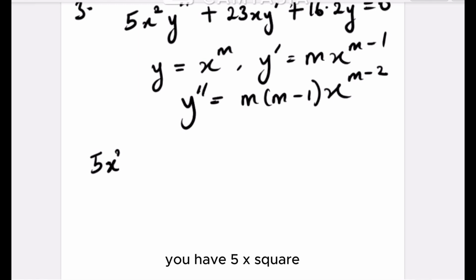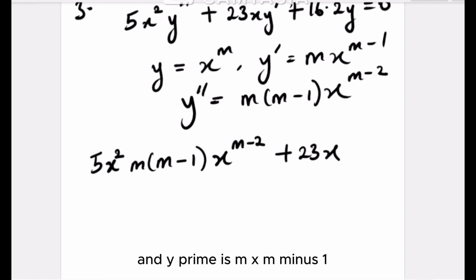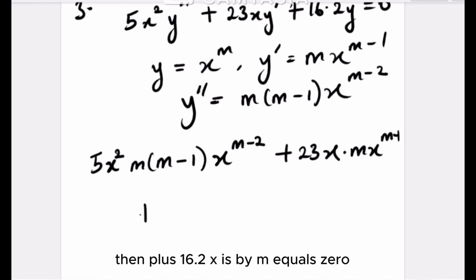You have 5x squared, then y double prime, you have m minus 1, x raised to m minus 2, plus 23x, and y prime is m x raised to m minus 1, then plus 16.2 x raised by m equals 0.